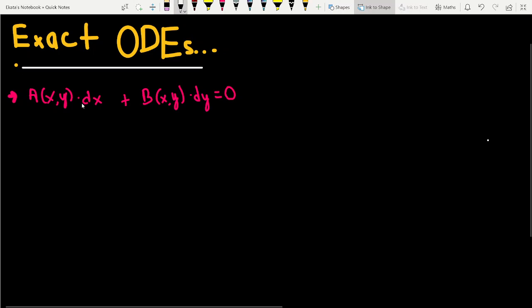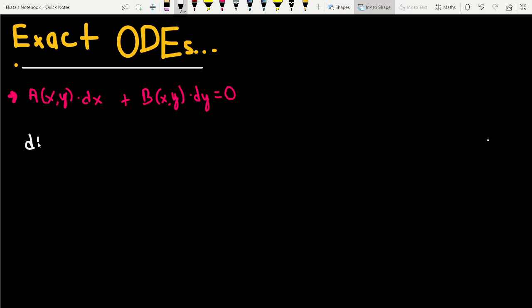First of all, you can see that A is a function of x and y, and B is a function of x and y. In partial differentiation, you have heard that this expression is the differential of a particular function.